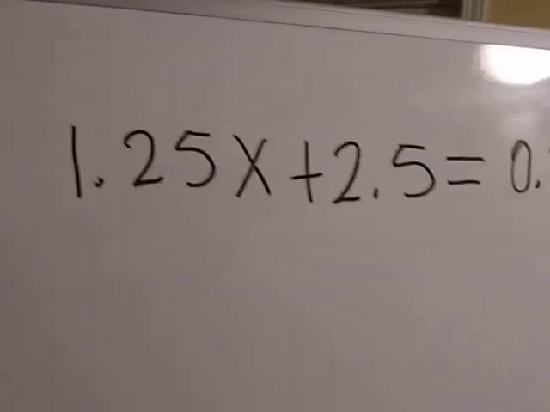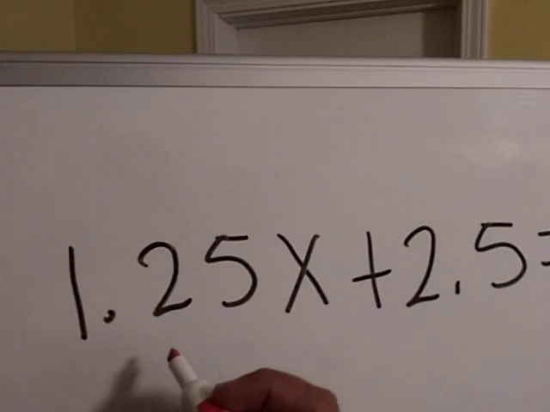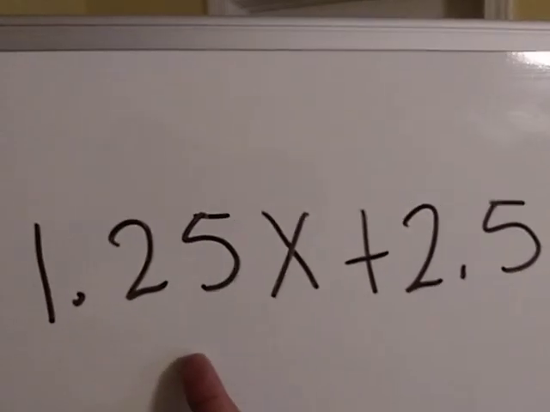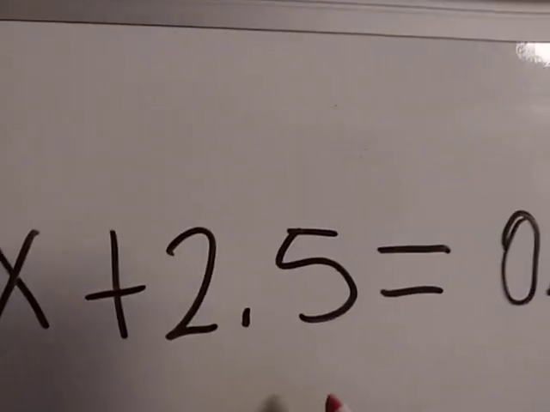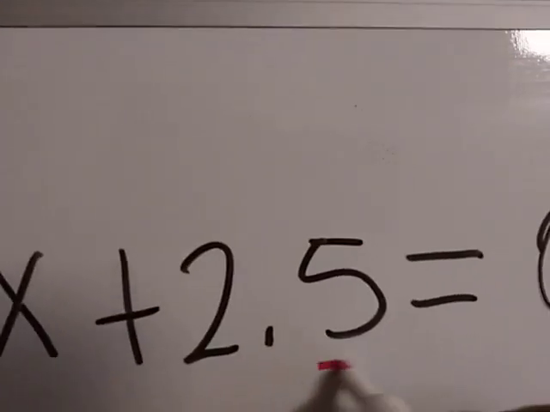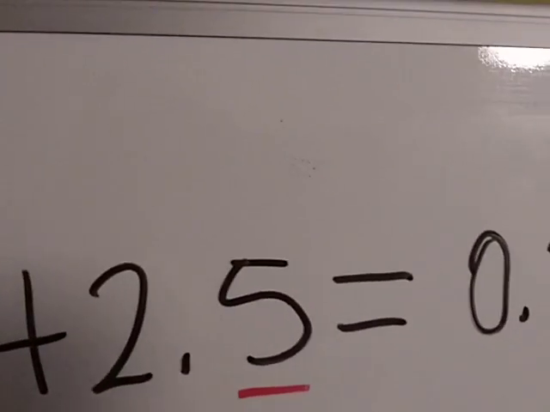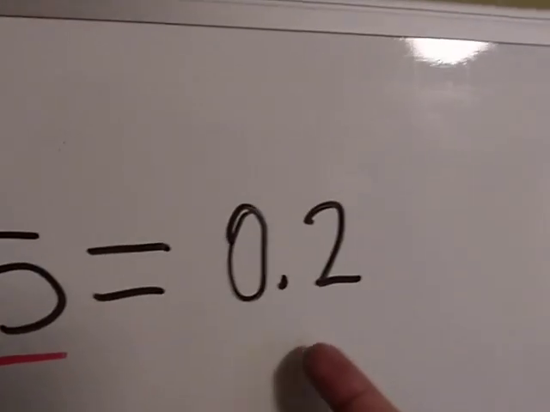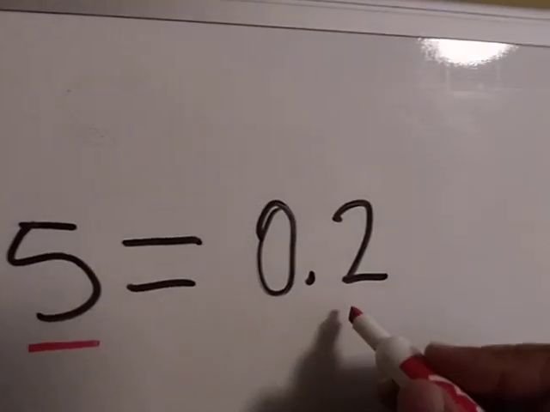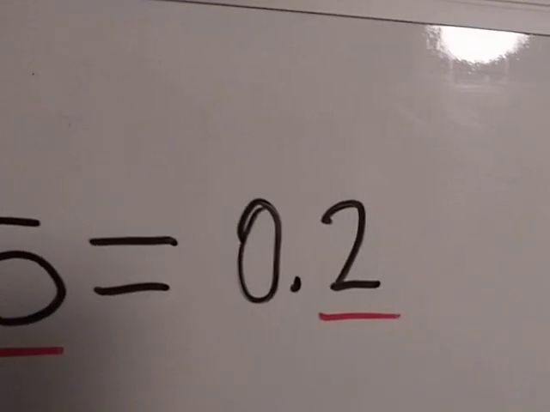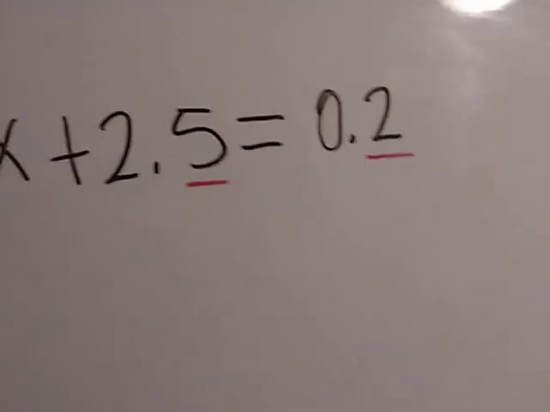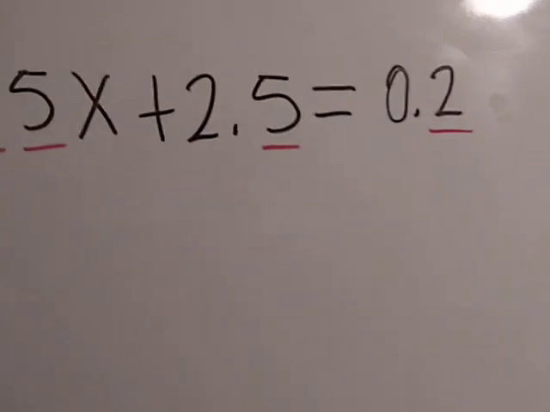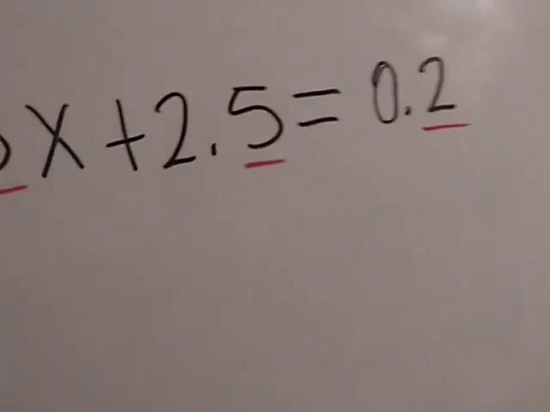In the first term, the coefficient has 2 places. The second term has only one space after the decimal, and the last term has only one number after the decimal.